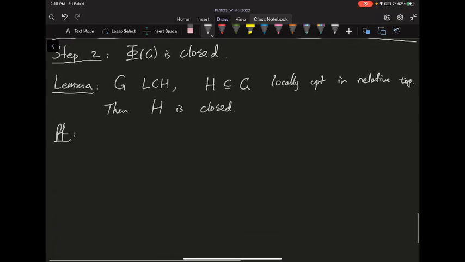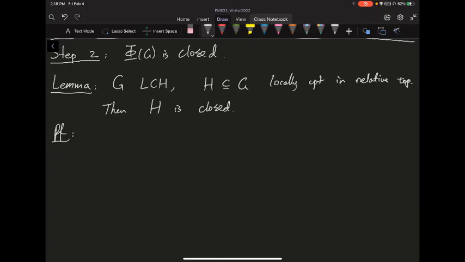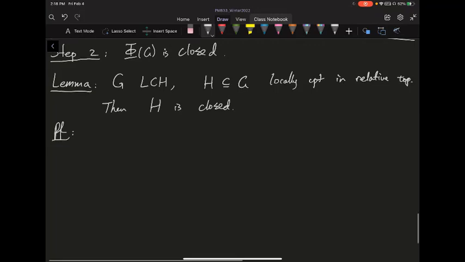So first of all, let's say G is locally compact Hausdorff and you have a locally compact subgroup H in the relative topology. By the local compactness, you can find a U that's open. Because I have a relative topology, I might as well say, open in G. So let's say U is an open neighborhood of the identity.